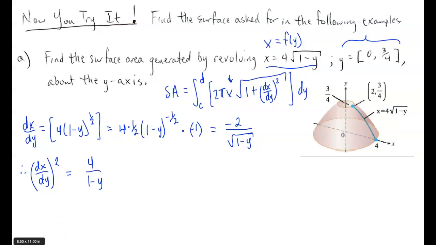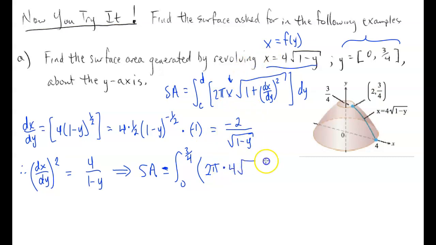All right, so now that we have found what the derivative of x squared is, we'll go ahead and plug everything into our formula for the surface area. So let's take care of that now. The surface area is now going to be the integral from 0 to 3/4, because that's what we see here for the low and high y value, of 2 pi, and then x, which is 4 times the square root of 1 minus y.